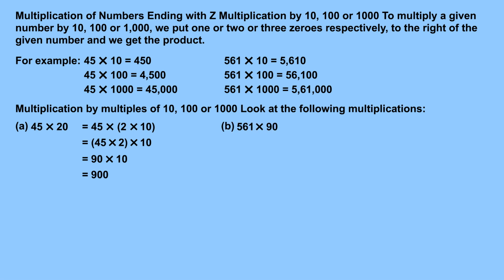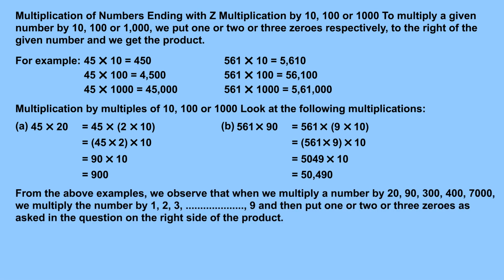B. 561 times 90 equals 561 times 9 times 10 is equal to 5049 times 10 is equal to 50,490.